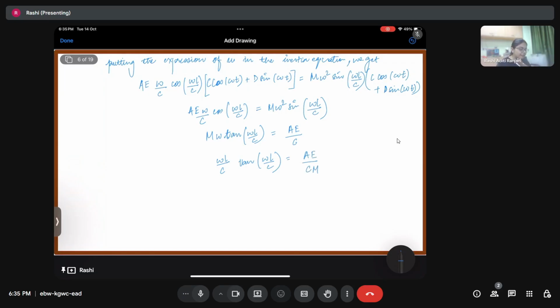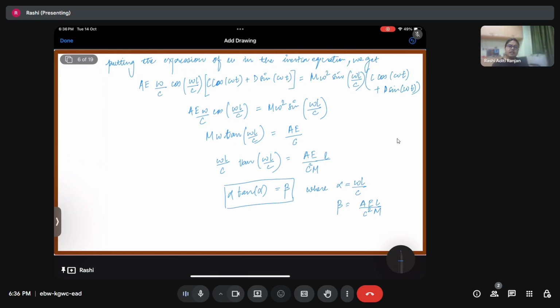Now over here, what we have done is we have basically multiplied with L by C. So there also we are supposed to multiply with L by C. So this will be C square. So we can essentially write this as alpha into tan of alpha is going to be equal to beta, where beta is AEL by C square into M. Okay.